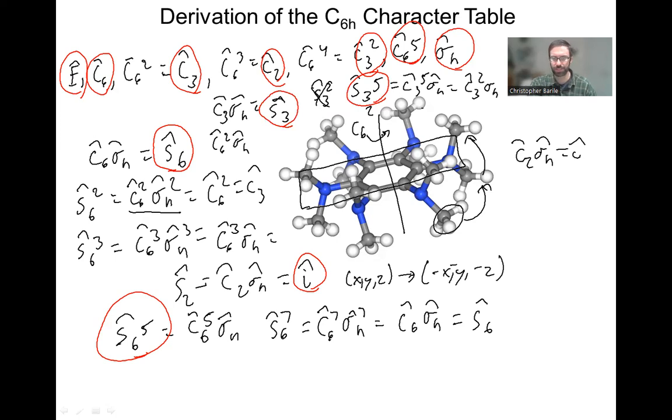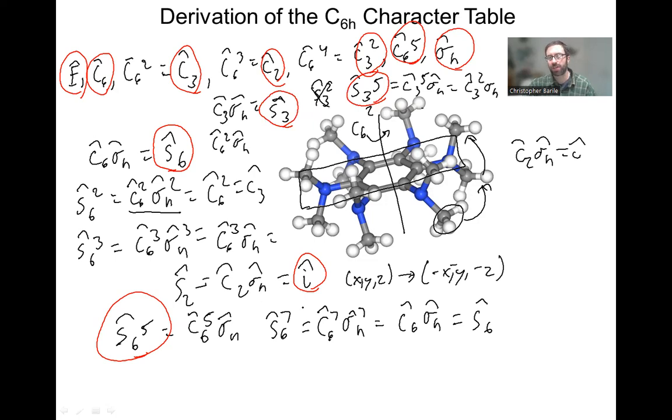And same thing with C6, you're going to be back to here. So these are all of the operations in the C6h point group. And there's 1, 2, 3, 4, 5, 6, 7, 8, 9, 10, 11, 12 operations in this point group.